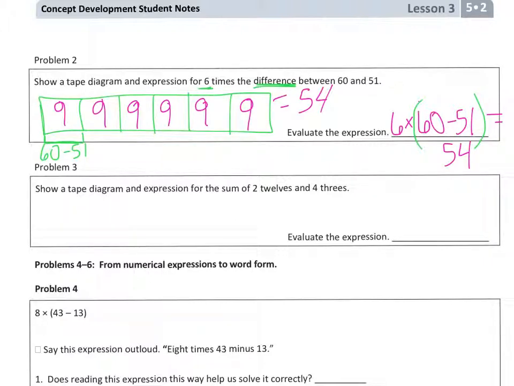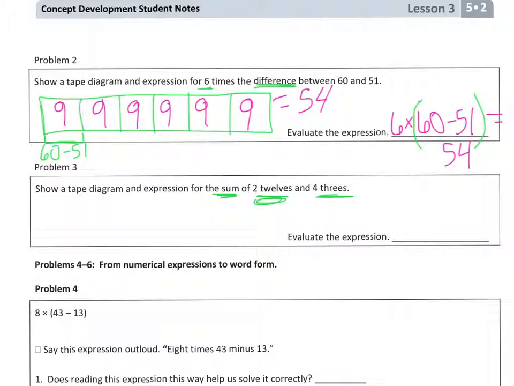Alright, let's keep practicing. Show a tape diagram and expression for the sum of 2 12s and 4 3s. Ooh, so sum, we're adding. So we're adding 2 12s and 4 3s. Since I have 2 12s, I've got to multiply my 2 12s, and then my 4 3s, and then my 2 answers, I've got to add them.